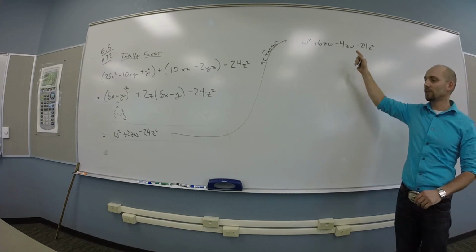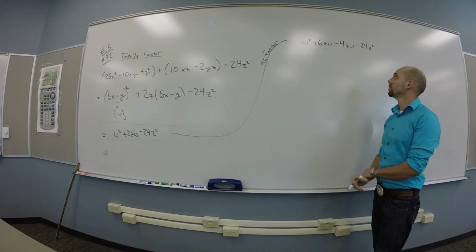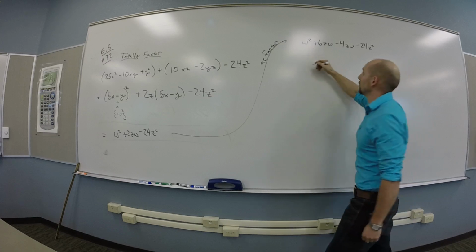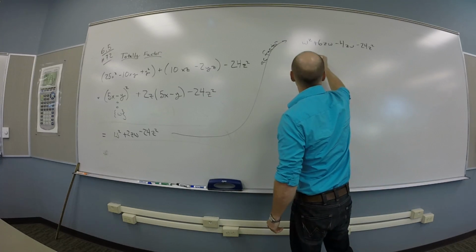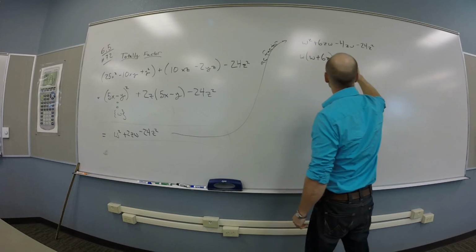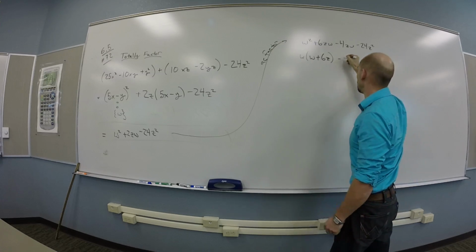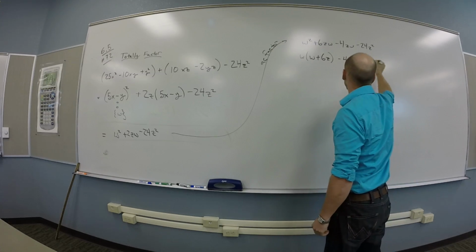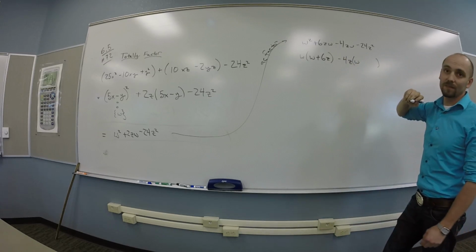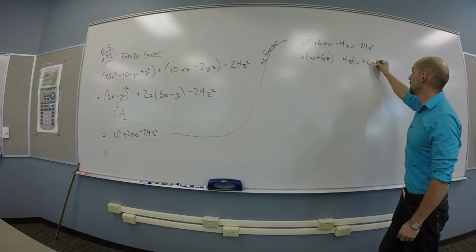Don't combine the like terms first, because that'll get me back to where I was. You want to factor some stuff out. So out of this guy, I can factor a W, and I'm left with W plus 6z. And out of these guys, I can factor a negative 4z, and I'll be left with W plus 6z.